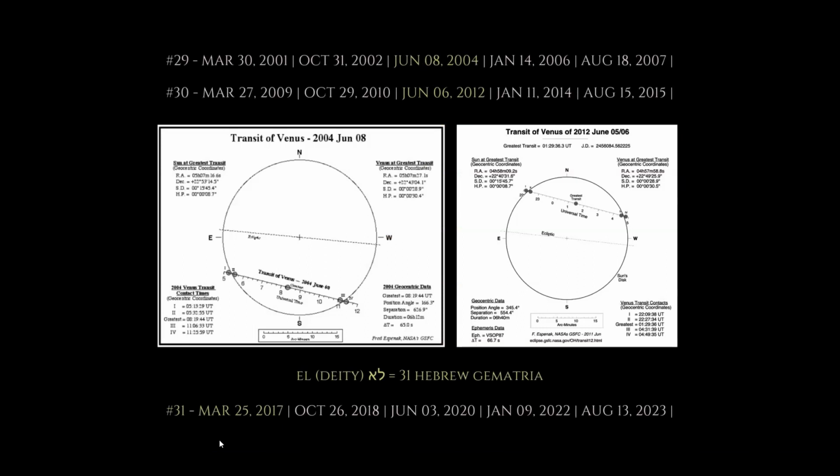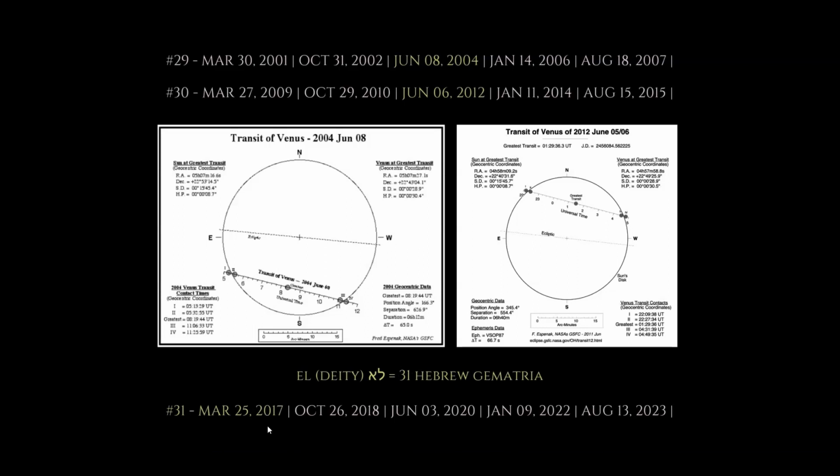And I showed you guys this before, but we're currently in the 31st pentagram, Venus pentagram, since the founding of the United States. And the 31st Venus pentagram started on March 25th, 2017. And I showed you here that the L, or deity, in the Hebrew Gematria sums to 31.